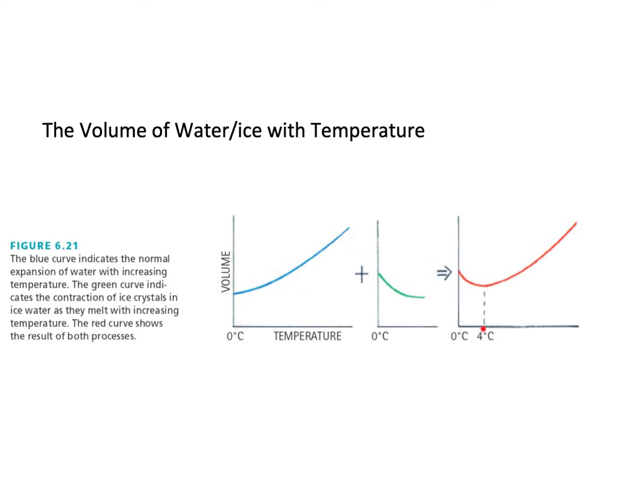And then as you heat it up to higher temperatures, the normal expansion of a substance with increasing temperature takes over and the water begins to expand again. But right near the freezing point, it behaves in a really weird way. It doesn't just go straight up, it dips down before going up. And the maximum density of water, where the volume is the least, is at 4 degrees Celsius.